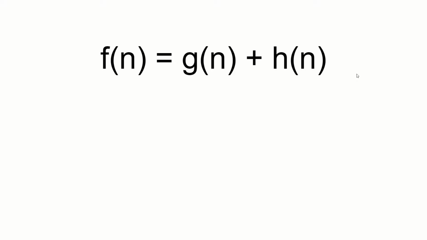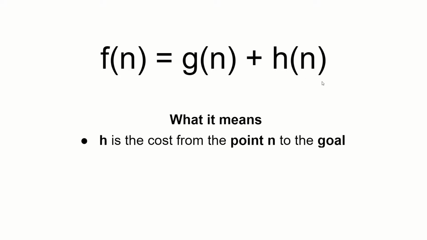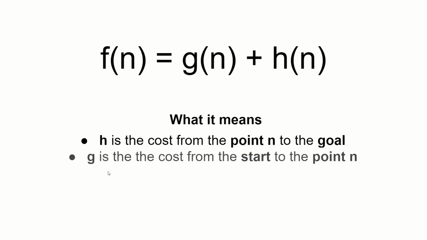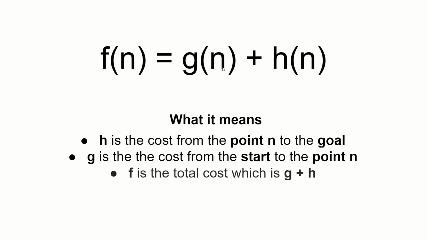The mathematical formula of this is: F equals G plus H. What it really means is that H is the cost from the point N to the goal, and G is the cost from the start to the point N. And F is the total cost, so it's G plus H.